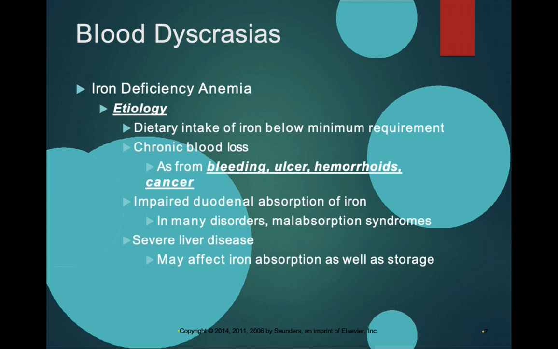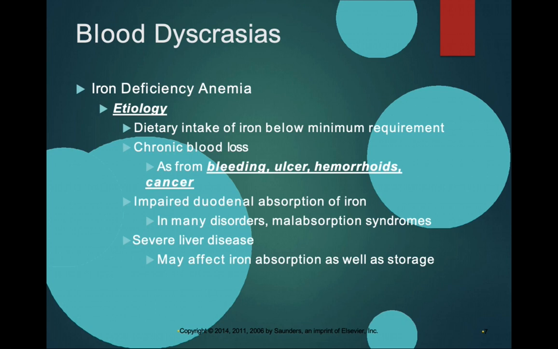So one of the things they typically look for when they find that someone is fatigued and that there's iron deficiency, they'll look for bleeding in different sources internally, not necessarily externally, but there could be internal ulcers. There could be hemorrhoids, they can bleed, and there could be cancers.